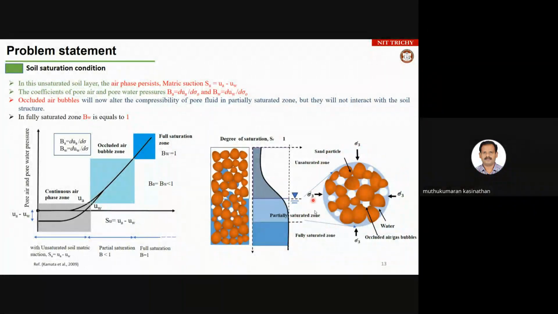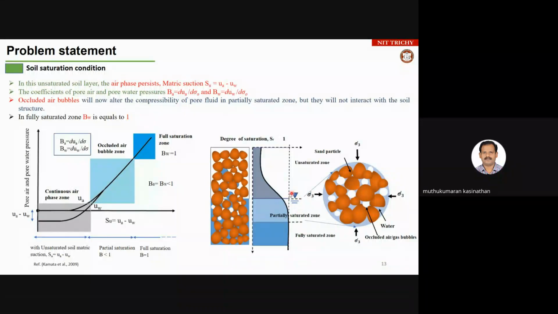Look at it from the microstructural point of view, which is what we are considering with respect to the schematic view and explanation diagram given here. This is in terms of the real field problem. So you have a water table at some depth.